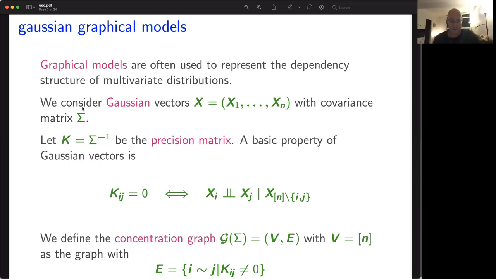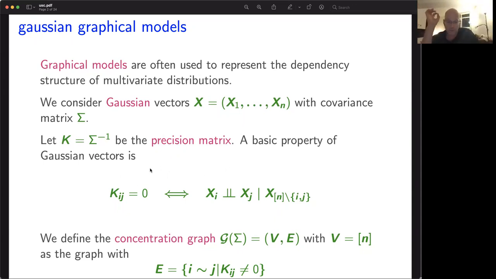That has some covariance matrix. Then the inverse covariance matrix, which in this literature is sometimes called a precision matrix or concentration matrix, has this really fascinating property: whenever an entry of the inverse covariance matrix is 0, that means that the corresponding two components, xi and xj, are conditionally independent given the rest of the variables.